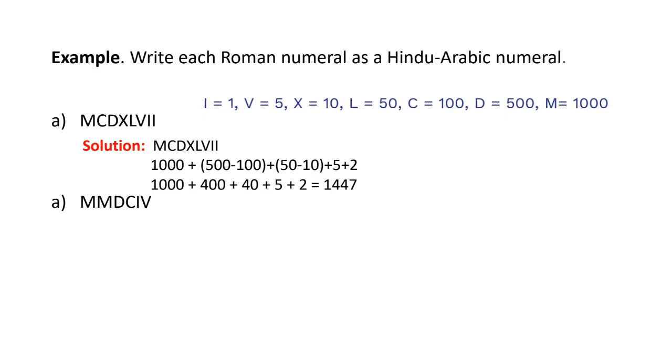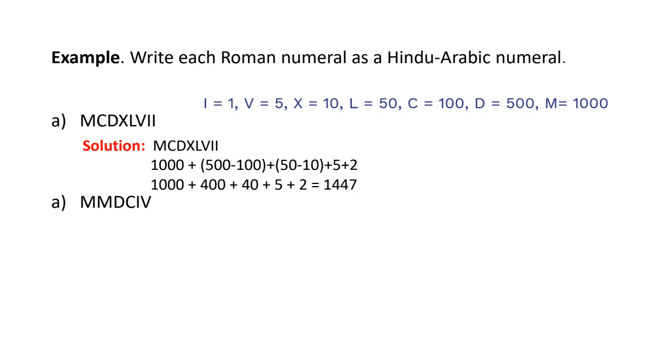So when reading Roman numerals, you start on the left, from left to right. And the rule is that any letter to the right has to be a smaller value. If it's a greater value, then you subtract it. If it's a smaller value, you add it. For example, starting with the M, that is 1,000. Then I look at the right and I see a C, which is 100.